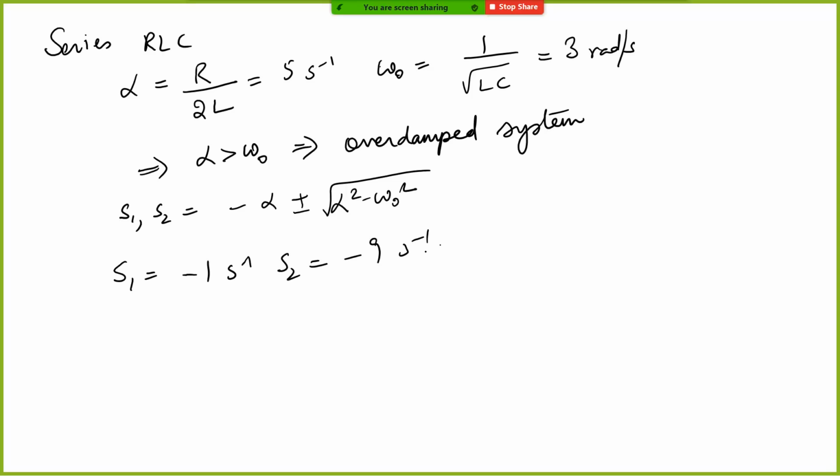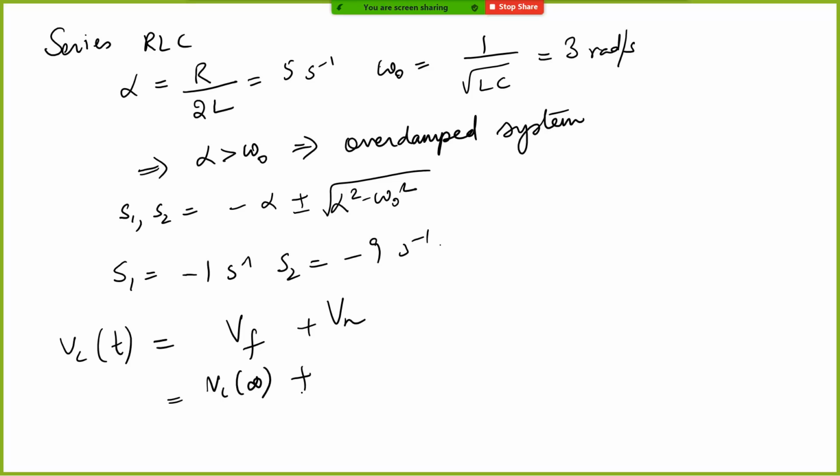Now of course you can find any voltage or any current in this particular circuit. Just to solve one of them, let's take the capacitor voltage. Vc of t can be written as the forced response plus the natural response. The forced response is nothing but Vc of infinity.